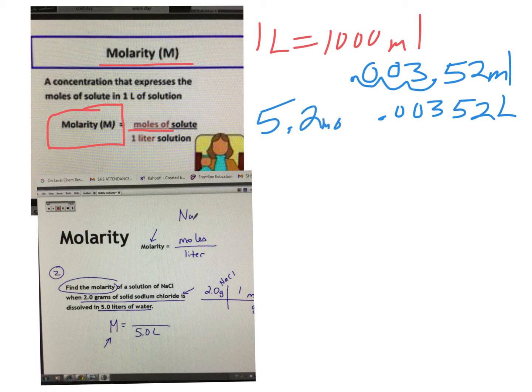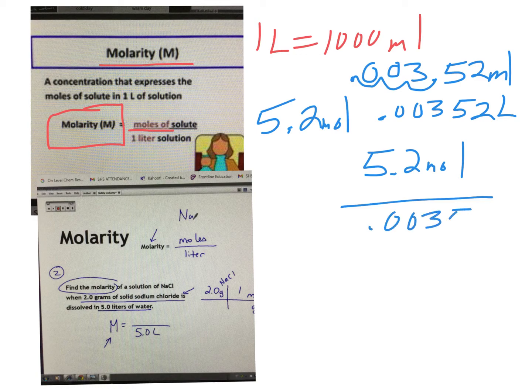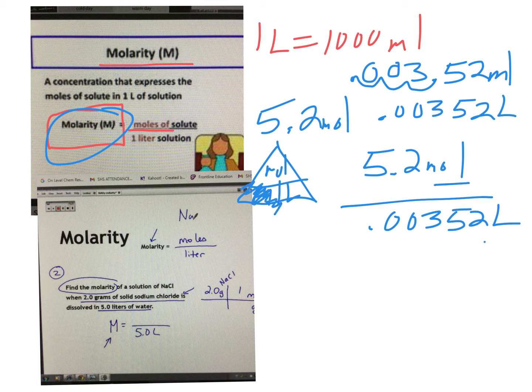Okay, now if I give you something like 5.2 moles, that's going to be your given. So what you're going to do is take the moles, 5.2 moles, divided by your volume, because that is your formula for molarity. Now, remember on that triangle, moles is on top, molarity on the side, and liters. Since we're looking for molarity, it's going to be moles divided by liters.